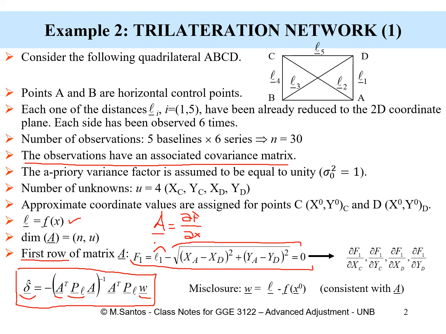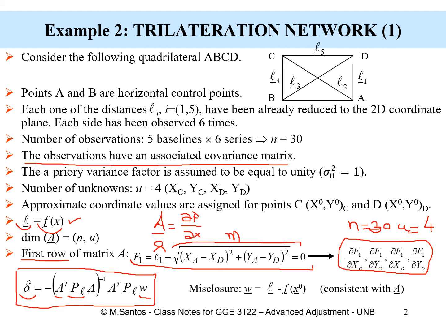So this is observation, this is model. We are going to have to evaluate each element of the design matrix. The design matrix has dimension 30 by 4, because we have 30 observations and u equals 4 unknowns. So 30 rows, 4 columns.